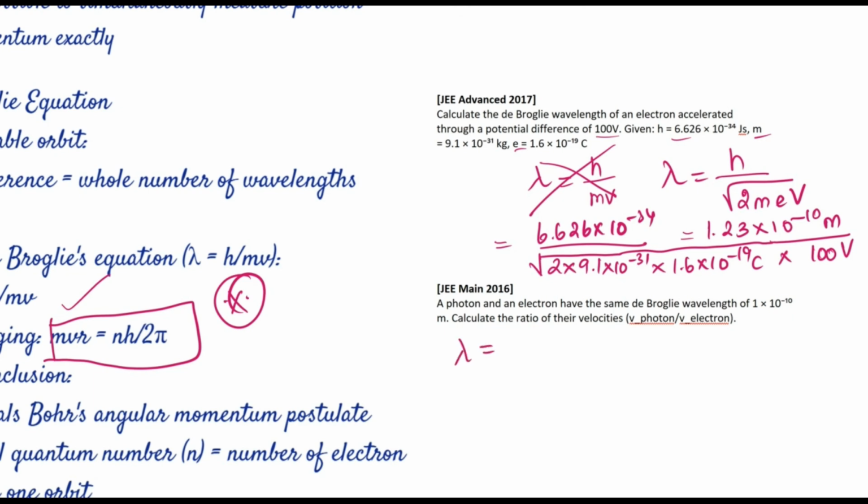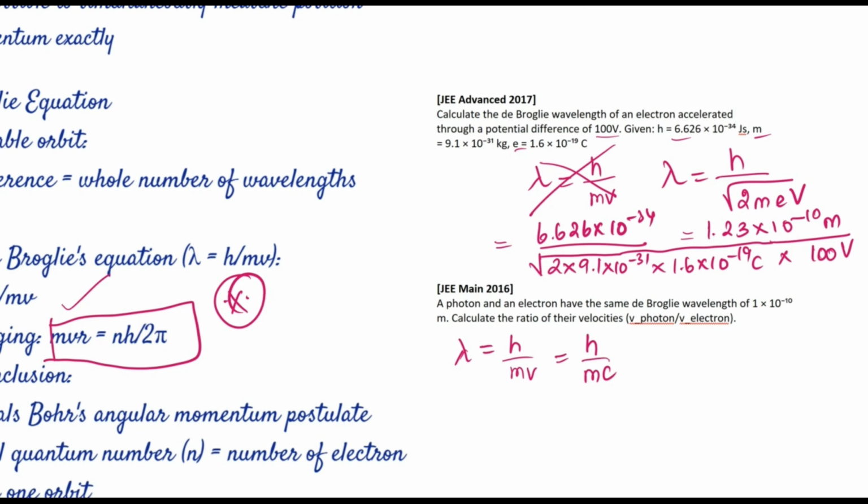We know the formula lambda is equal to h by mv, which in the case of electrons is h by mv, and in the case of photons will become h by mc. So let's take h by mc equal to h by mv, because the wavelengths are equal.